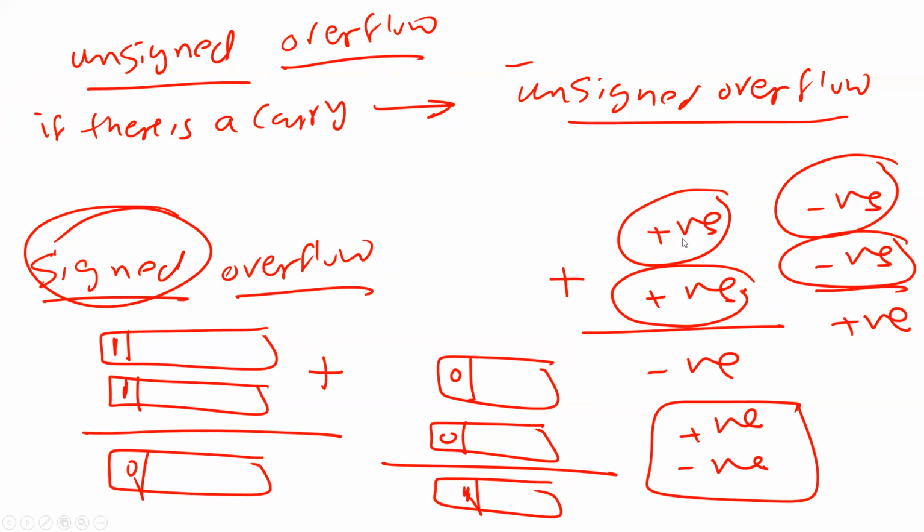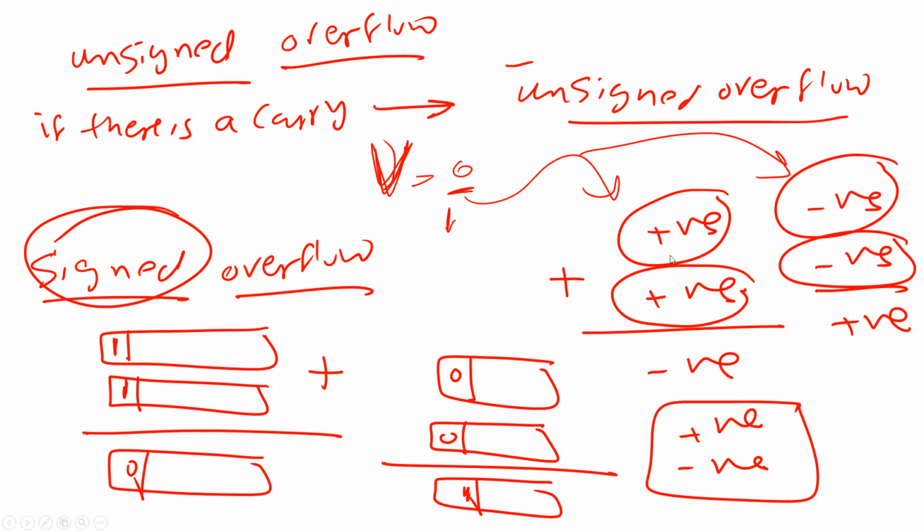The V flag should tell you if there is signed overflow or not. The V flag is always 0, except in 2 cases. It is 1 in only 2 cases.